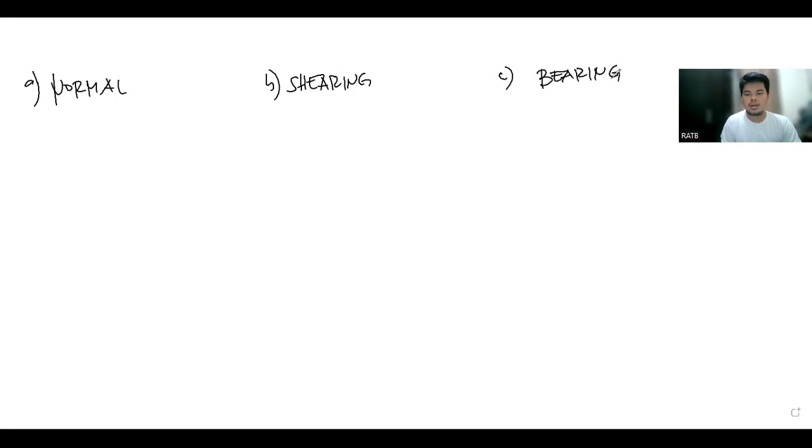The first is the normal stress, the second is the shearing stress, and lastly, the third is the bearing stress. Each of them will be given as force divided by unit area.